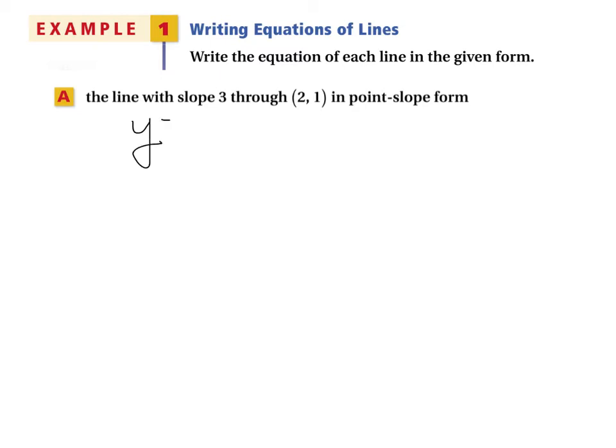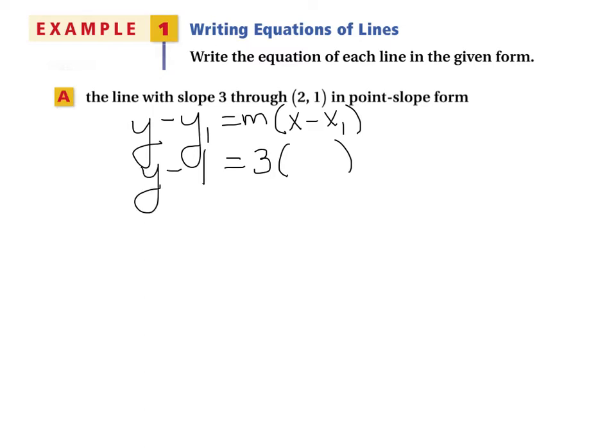Point-slope form is y minus y sub 1 equals m times the difference of x and x sub 1. Well, we know the slope is 3, so we're going to plug 3 in for m. And we know (2, 1) is our point, so that represents x sub 1 and y sub 1. So if we plug that in, that would be y minus 1 equals 3 times x minus 2. And there's my answer.